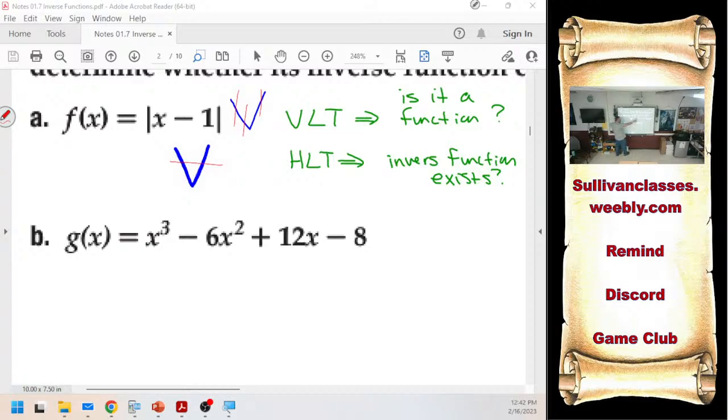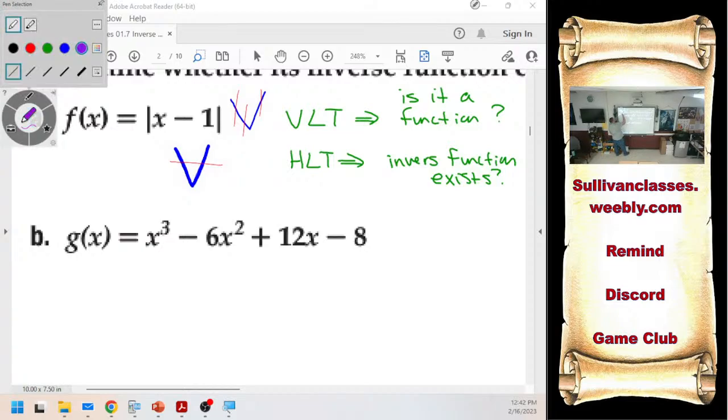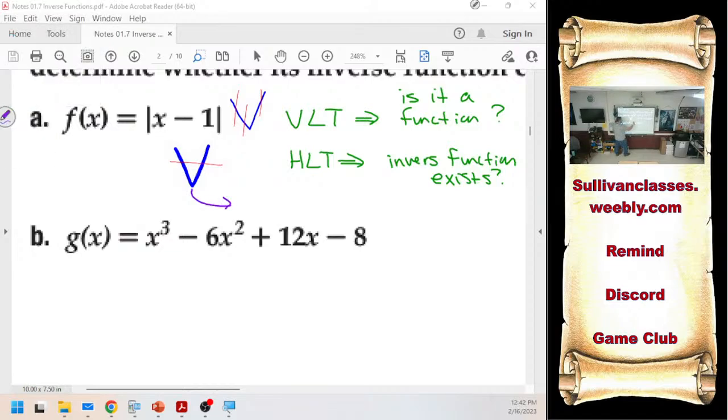Because if it fails the horizontal line test, that means when I go to make my inverse it will fail the vertical line test. Horizontal line test says, don't bother making the inverse because it's not going to be a function. It's not worth it, because if I hit two different x values along this y, then I will hit two different y's along this x, because I'm swapping x's and y's.